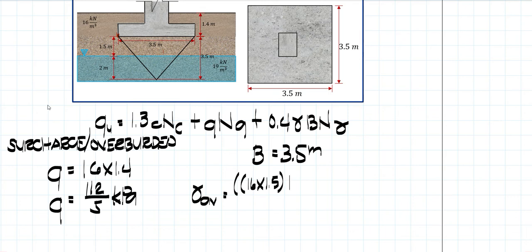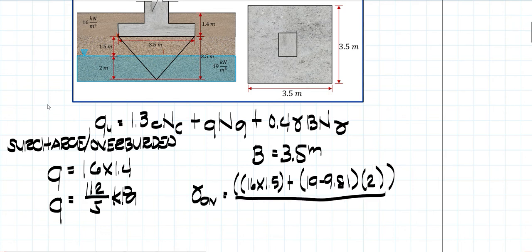Then i-add natin dito yung unit weight nung saturated soil, pero gagawin natin siyang effective unit weight. So that will be 19 minus 9.81 times yung height ng soil, which is 2 meters. Then this will be divided dun sa total height, which is 3.5 meters.